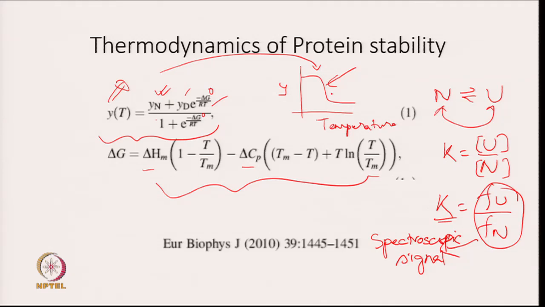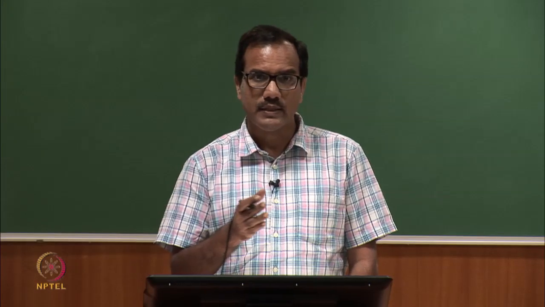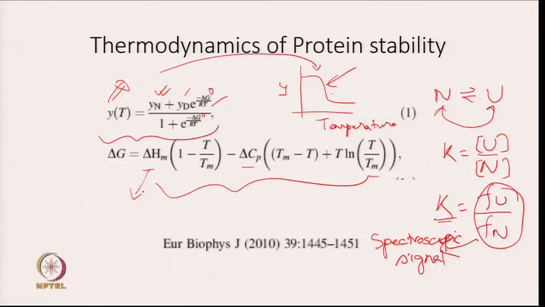We know delta G, we know delta H m, and so we can calculate delta H at a certain temperature because we also know delta C p. So, by using the Kirchhoff equation and putting in the values of delta H m and delta C p, we can get the value of delta H at a given temperature.